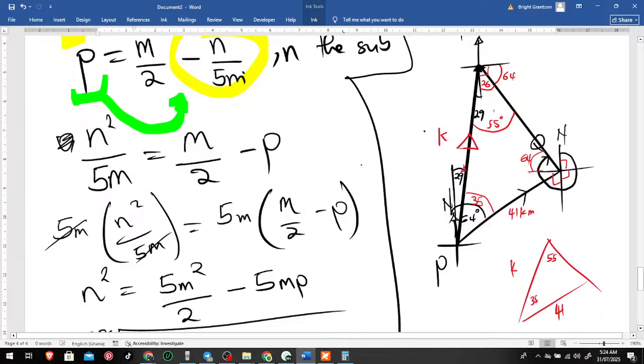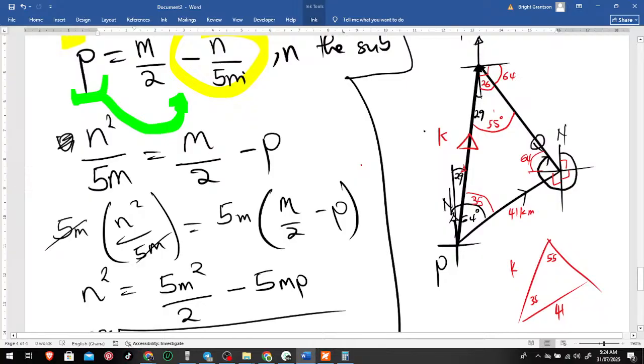If here is 64, here is also 64, because Z angles are equal. From the north to the Q is 64. So similarly, here is also 64. Z angles. If here is 64, 90 minus 64 gives you 26. This Z angle here, I'm going to draw a little deep.